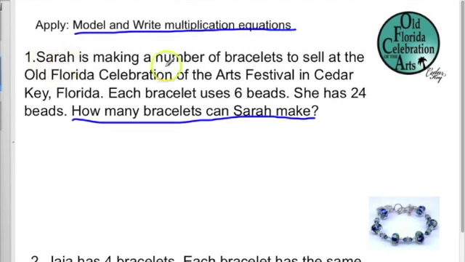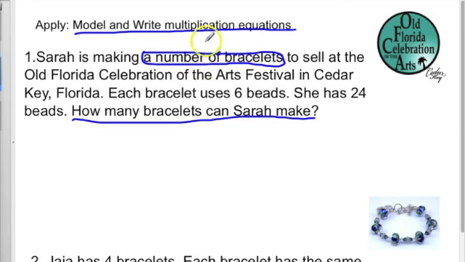Sarah is making a number of bracelets. I'm going to stop here and keep this information. She's making a number of bracelets. I need to keep that phrase because this tells me what words represent the unknown. These words, a number of bracelets, represent what's unknown. It doesn't tell me how many, so this is what's going to be unknown.